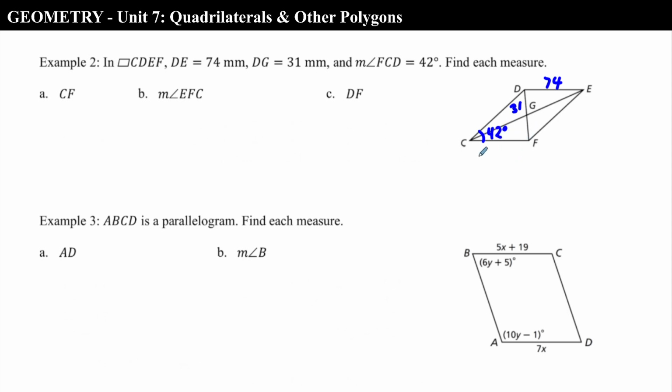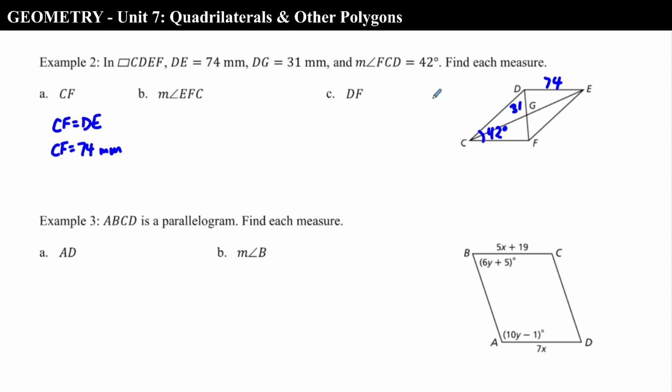So we want to find each measure, starting with CF. Well, we know that if DE is 74, CF is also going to be 74, because the length of CF is equal to the length of DE. So therefore, CF also has to be 74 millimeters. And remember, when you have units, include the units.